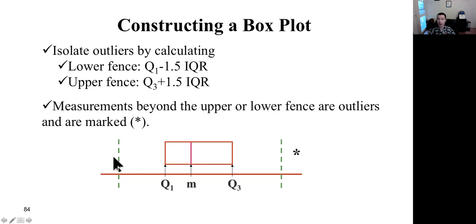This line is the lower fence, and this line is the upper fence. Okay, so outliers are outside this range. Right, and we should plot the outliers individually.